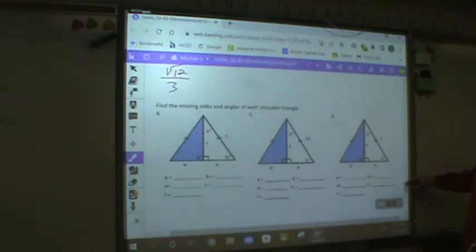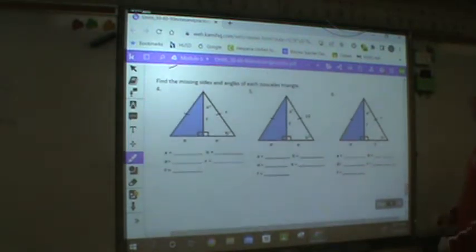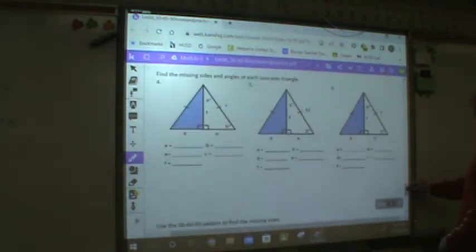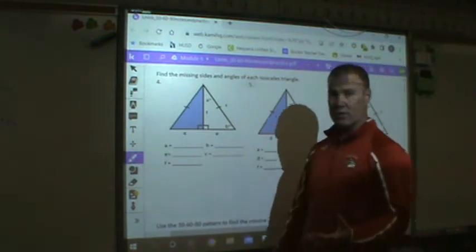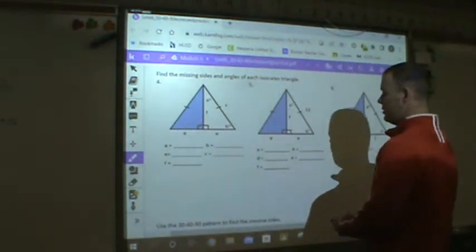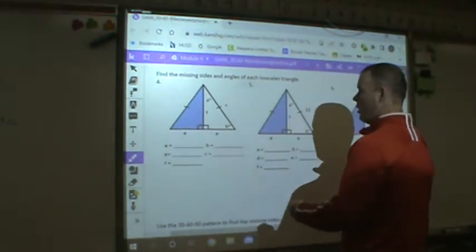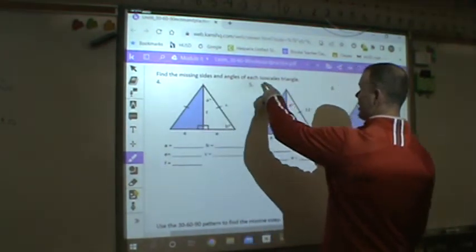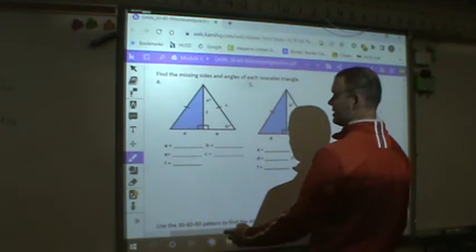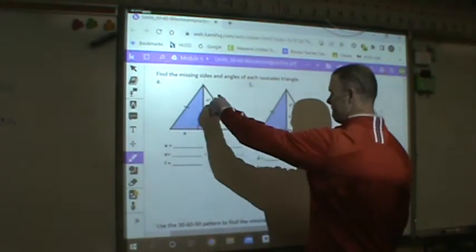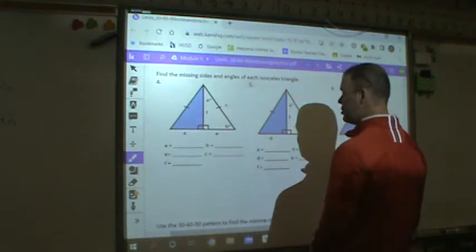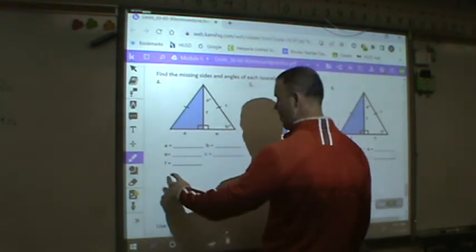Problems 4, 5, and 6 are fill in the blank: find the missing sides of each, and you should have some evidence of your work. You're going to have to show evidence when you take a quiz or a test. It's not good enough just to say A is this, B is this, C is this. For the angles, I can kind of deal with that, but you might have some scratch work as well.